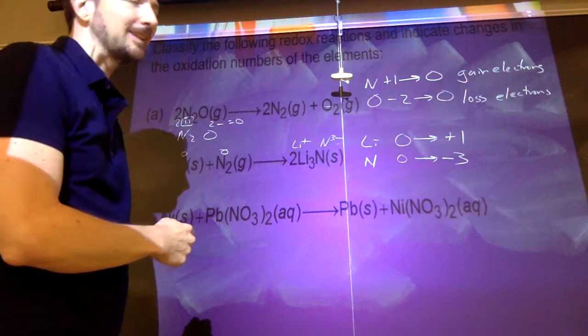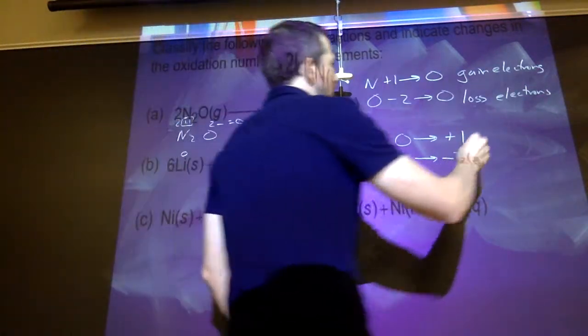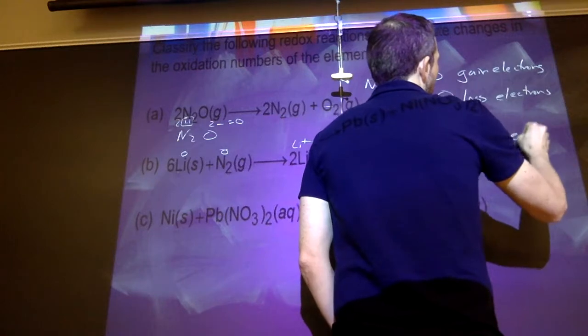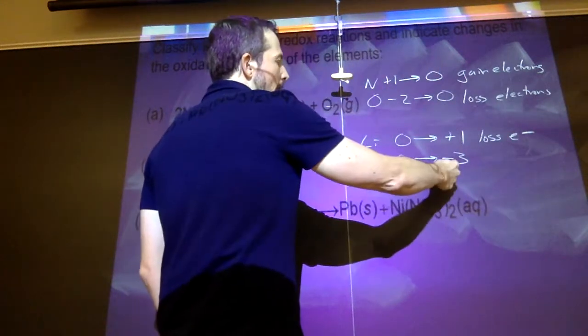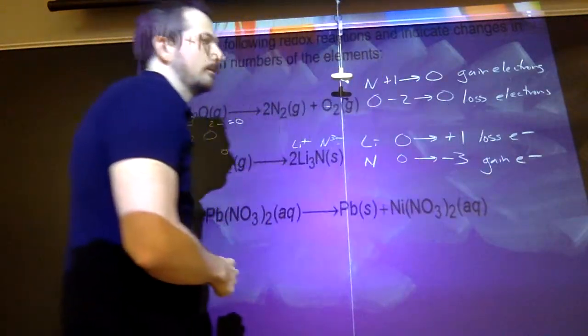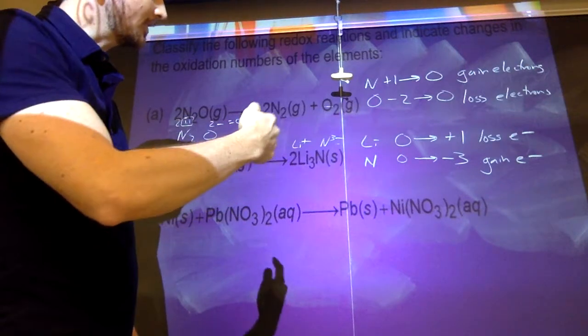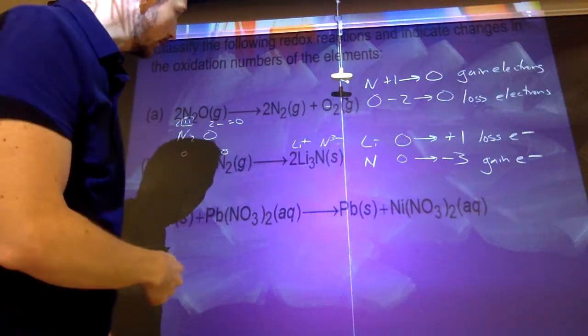Okay, so in this case, lithium 0 to plus 1, that is a loss of electrons. 0 to minus 3, that's a gain of electrons. So lost electrons, oxidation, so lithium is oxidized, nitrogen is reduced.